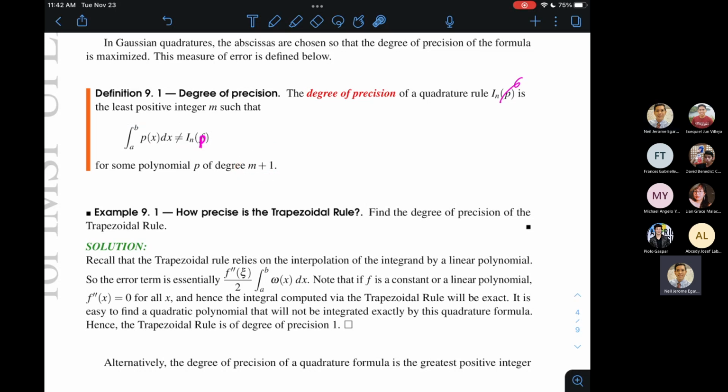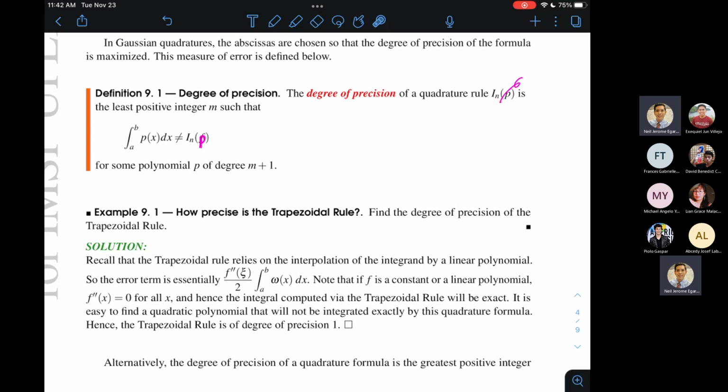So, if the degree of precision is, for example, 3, it can integrate exactly, that is, the quadrature formula gives the exact integral of constant polynomials, polynomials of degree 1, polynomials of degree 2, polynomials of degree 3, but it fails on a polynomial of degree 4. Okay?